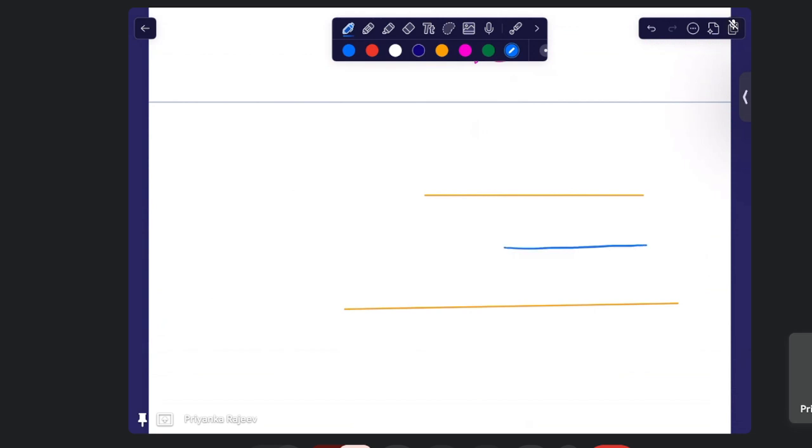One is here and another one is here. So this is vacuum, and this is atmospheric pressure.